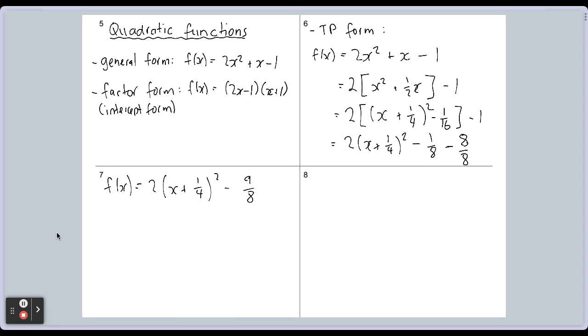But that line could be anywhere in the Cartesian plane. So this is of the form y equals a(x minus h) all cubed plus k, and (h, k) is the inflection point.